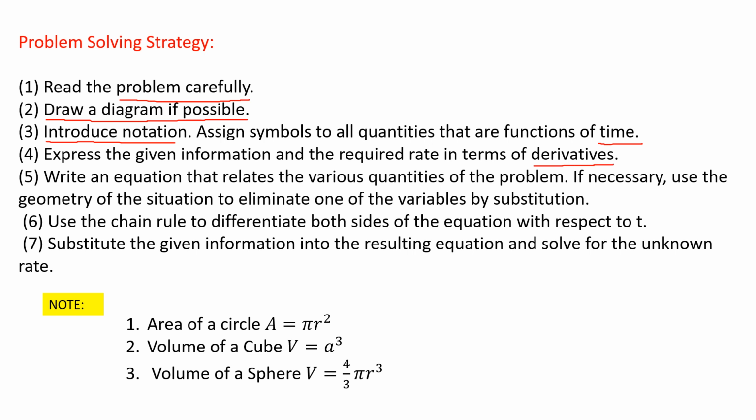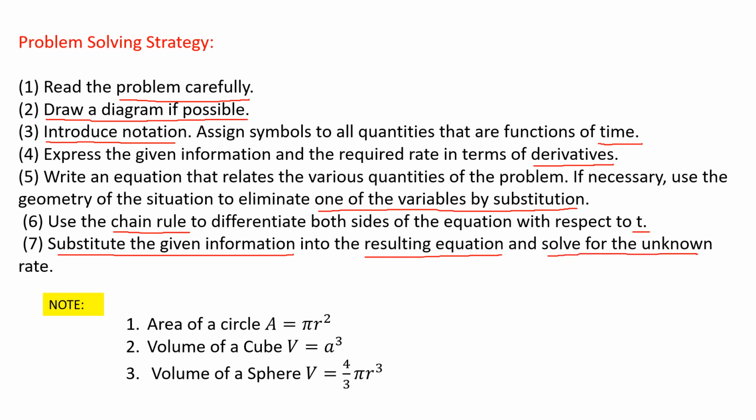Write an equation that relates the various quantities of the problem. If necessary, we have to use the geometry of the situation to eliminate one of the variables by substitution. Step number 6, we have to use the chain rule to differentiate both sides of the equation with respect to the time t. Number 7, substitute the given information into the resulting equation and solve for the unknown rate.